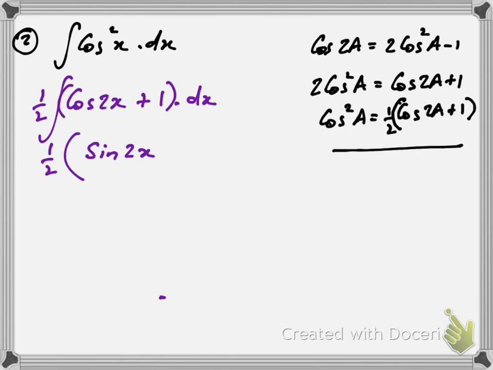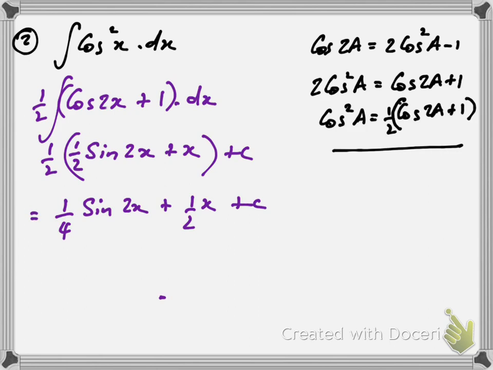If you differentiate 2x, you get 2, so you get a half on the outside, plus x, and then plus c, and then I can take the half inside and multiply, end up with 1/4 sine 2x plus half x, or x over 2, plus c. And that is how you integrate, again using a trigonometric identity using the double angle.